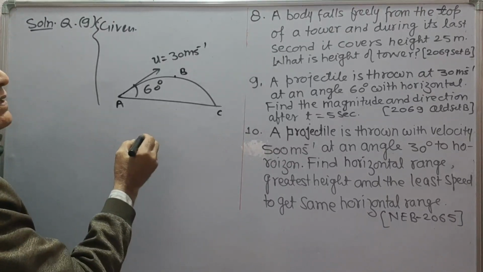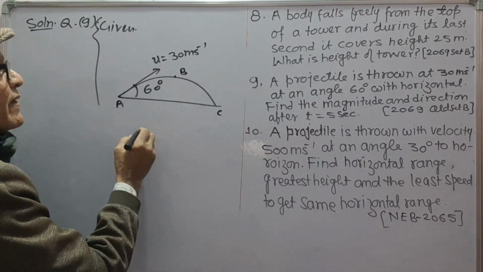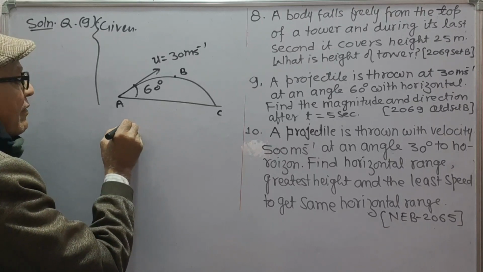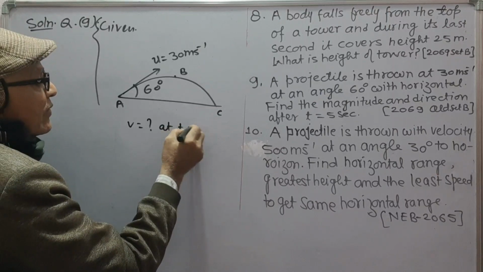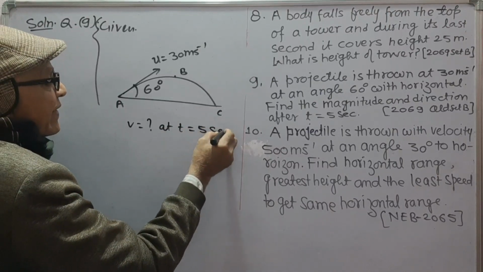We have to find the magnitude and direction of velocity v at t is equal to 5 seconds.